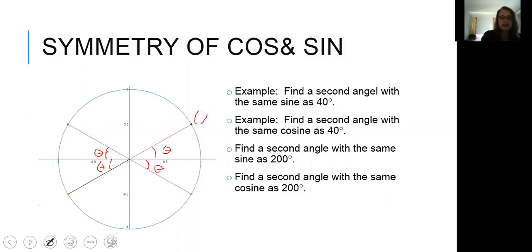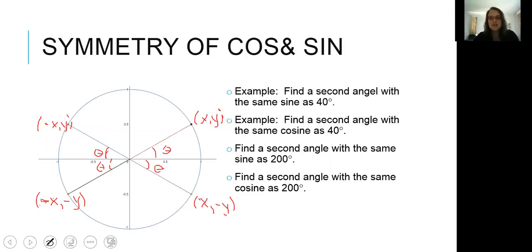Now, let's think about this. This is some point x, y. Okay? So what's the coordinate of this point over here? It's negative x, y, right? And this one down here is negative x, negative y. And this one over here is x, negative y.